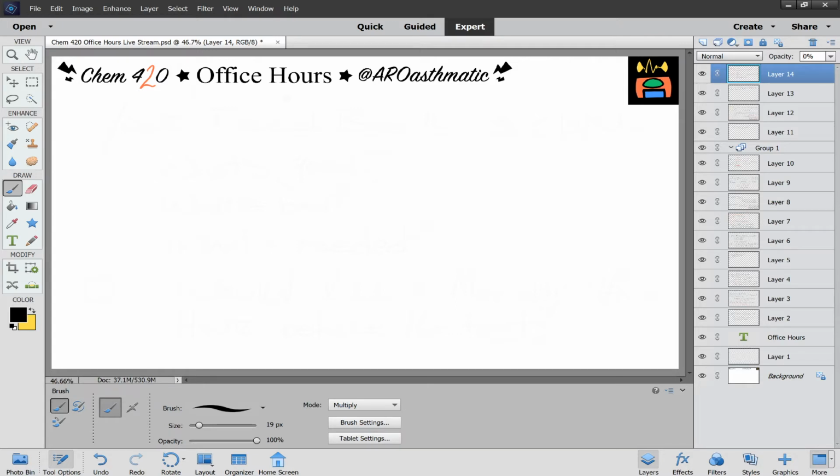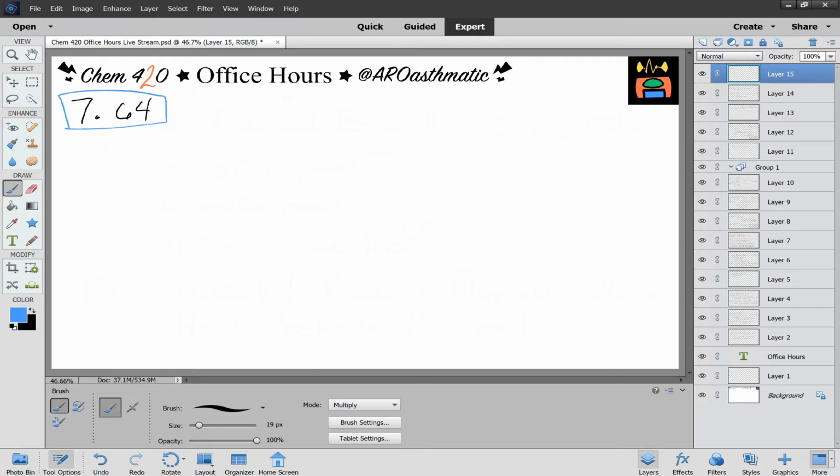So in this problem, which is problem 7.64 in your textbook, the question asks us to predict the major products.